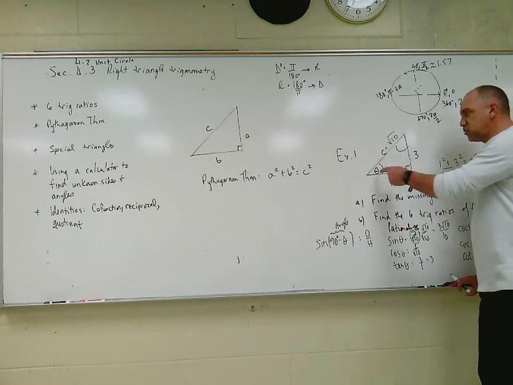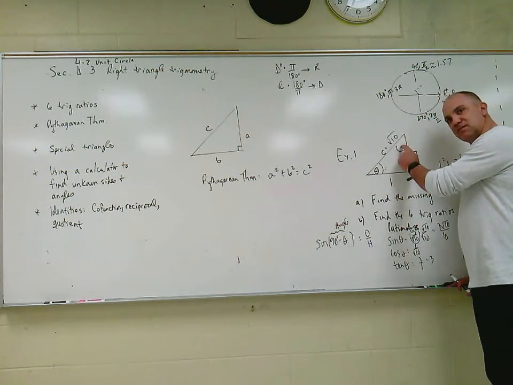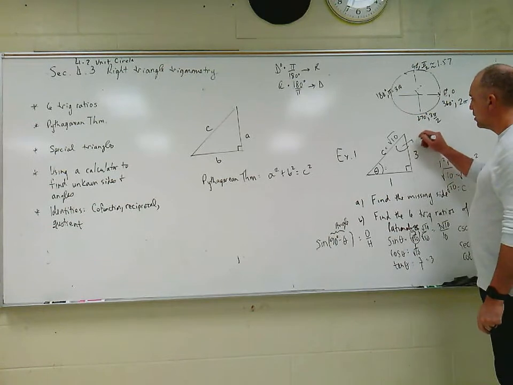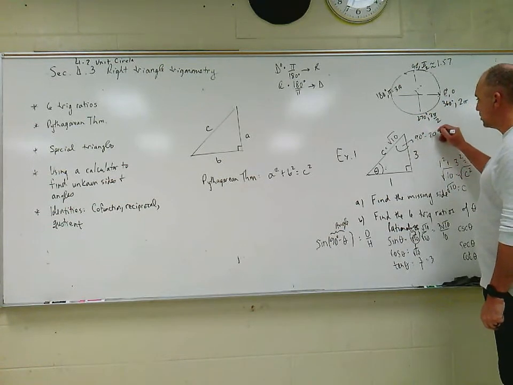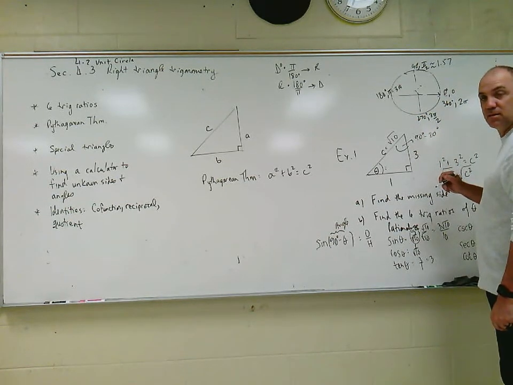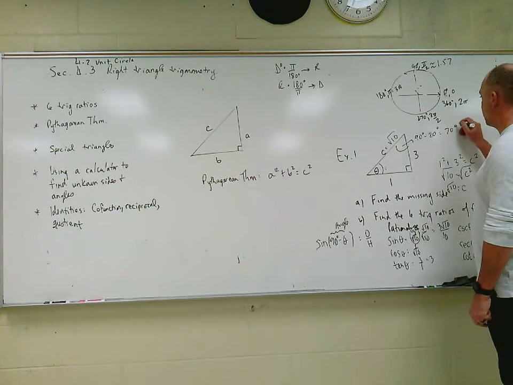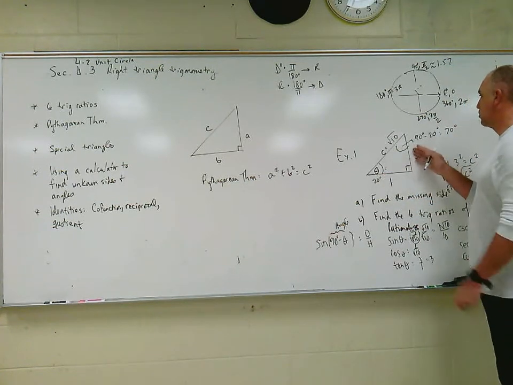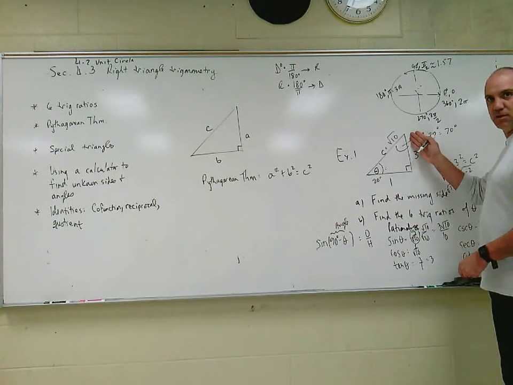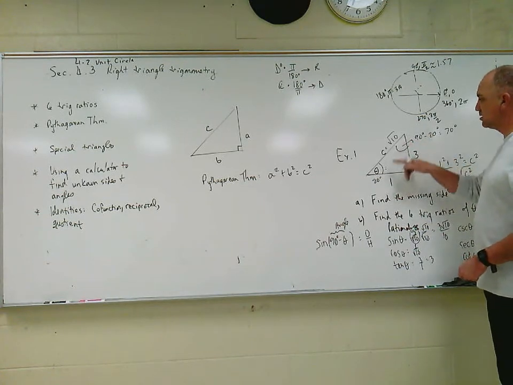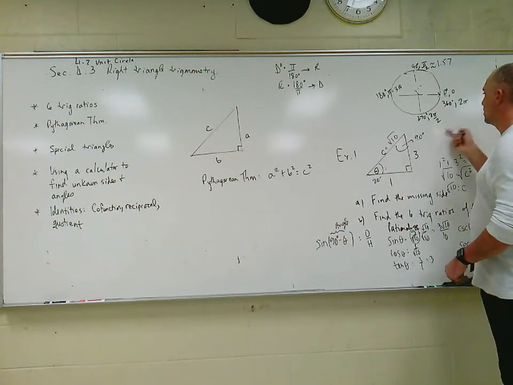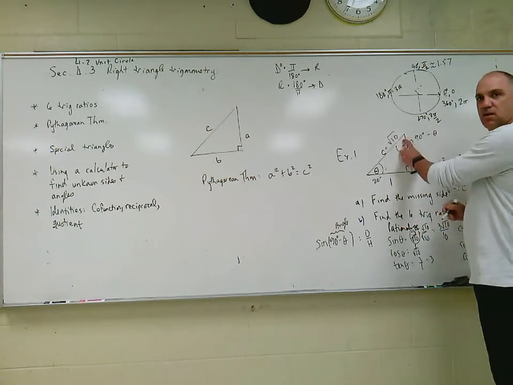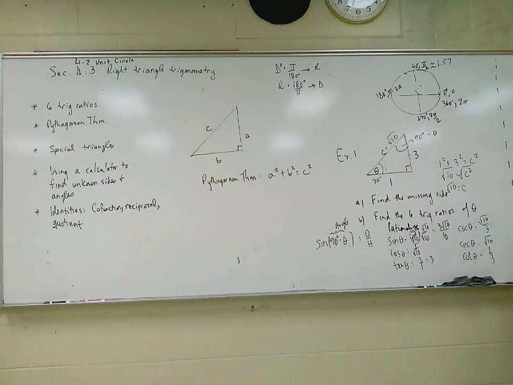So think, if this is 20, this is 70, or 90 minus 20. If this is 20, you would do 90 minus whatever that one is to get this one. So that's why, since this is theta, this angle is 90 minus theta. It's the other angle. It's the unlisted angle.